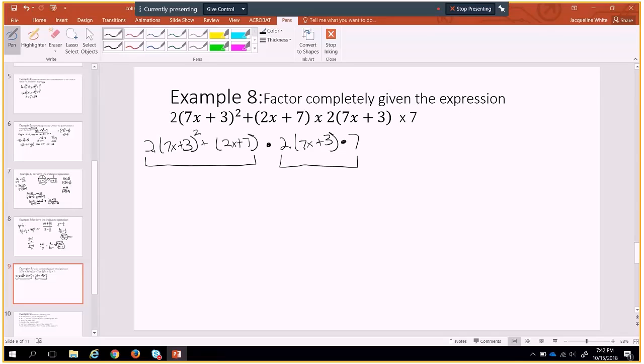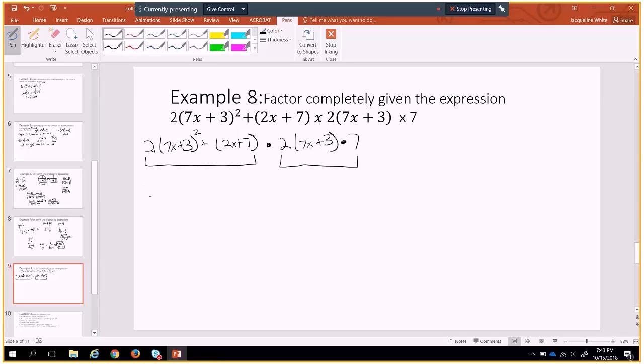If we know that, then this question becomes a lot simpler. So in this case, we have a factor of 7x plus 3 here, and a 7x plus 3 here. We also have a 2 out in front on the left side and a 2 out in front on the right side. So ultimately, we could cross out, or actually factor out, a 2 and a 7x plus 3.